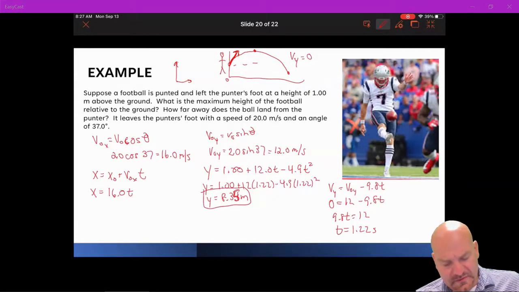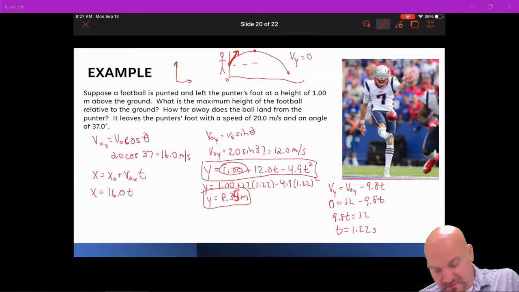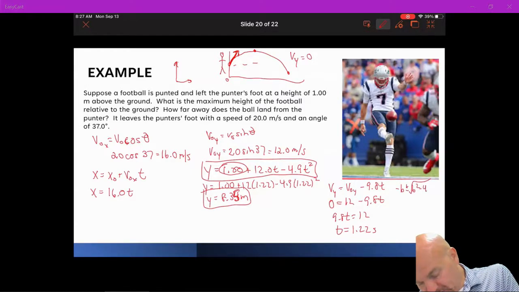Okay, so now I need to figure out how long it takes to get all the way down. Well, if I set this equation equal to 0, then I can do some algebra to pull that out. The thing is, because now we have an initial height, you have to use the quadratic equation. So negative b plus or minus the square root of b squared minus 4ac, all over 2a is going to be our time.